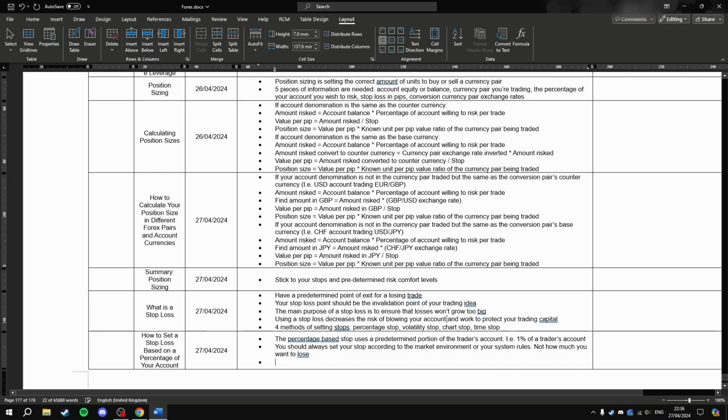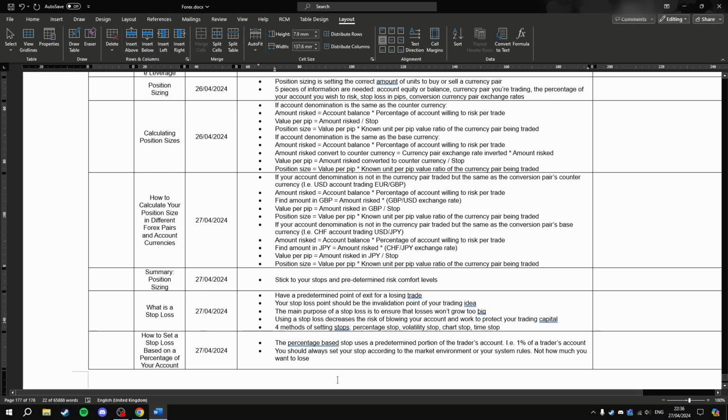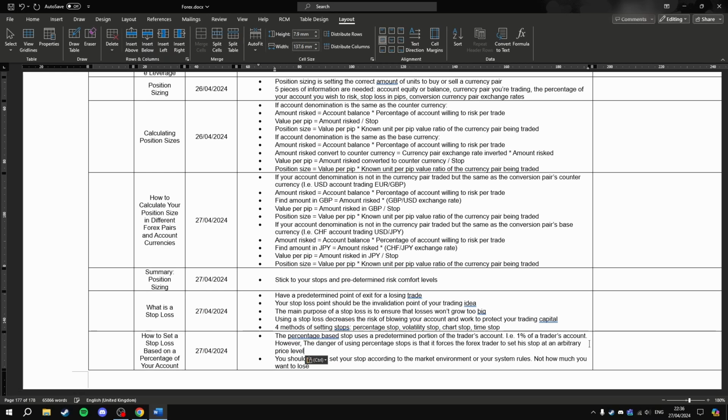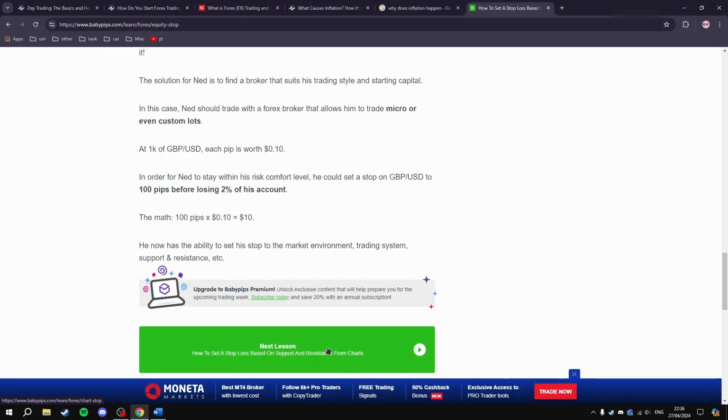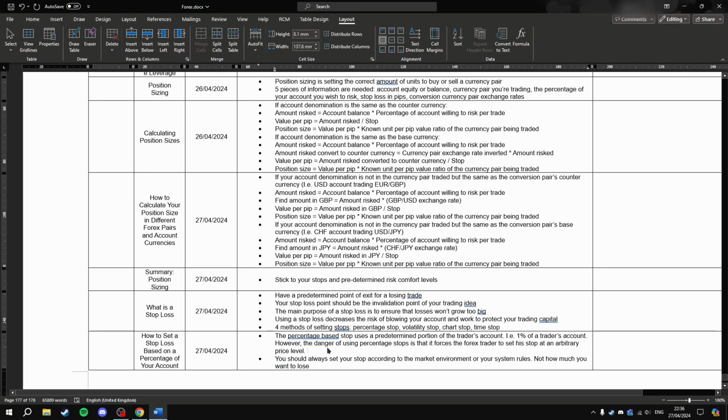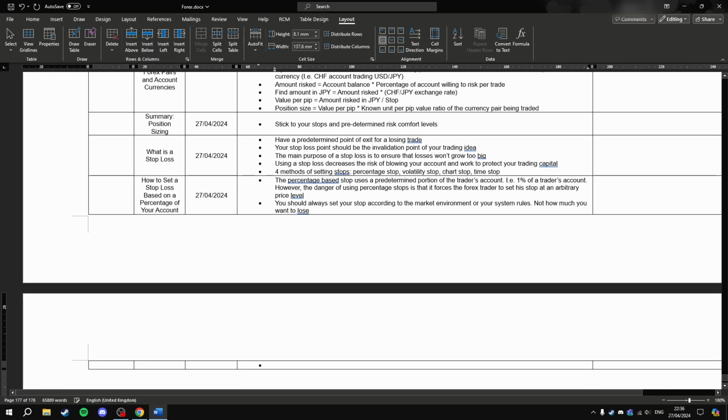However, the danger of using percentage stops is that it forces the Forex trader to set his stop at an arbitrary price level. You should always set your stop according to your system rules, not how much you want to lose.